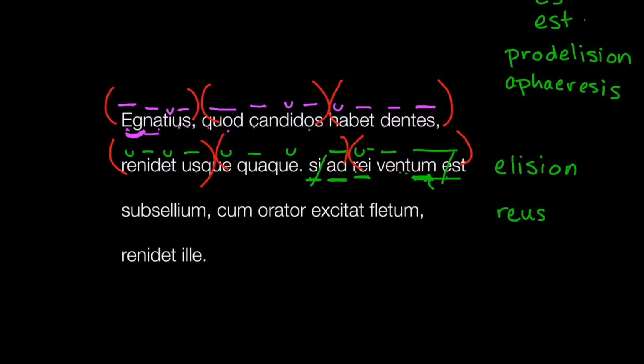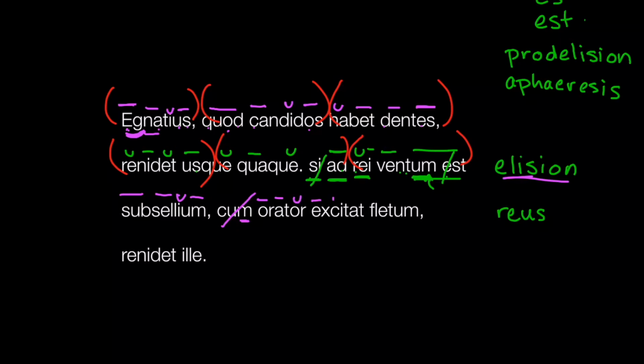The next line's a little bit easier. Long, the B and the S. Long, 2 L's. Short, long. Again, we have one of these final M's, but at least we don't have prodelision or aphaeresis. We have regular old elision. So this is going to go away. Orator, long by nature, long by nature.